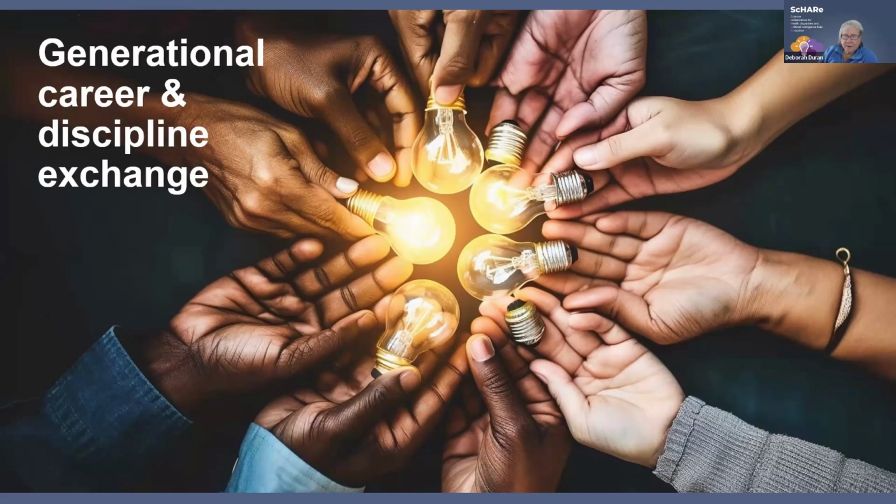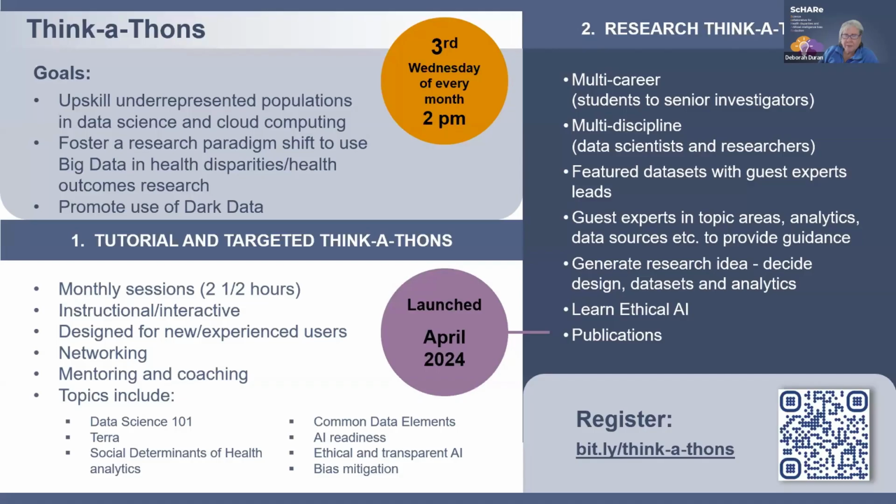And we teach each other, especially when we do the research think-a-thons. We have three different types of think-a-thons. These tutorials, like the one today, then we have research think-a-thons, and I'm happy to say that two of our research think-a-thon groups that we launched are in their final stages for publication. So we'll be starting new research think-a-thons probably in a couple months, if you're interested.